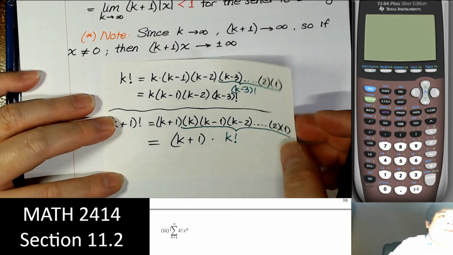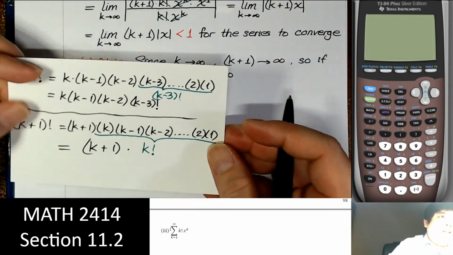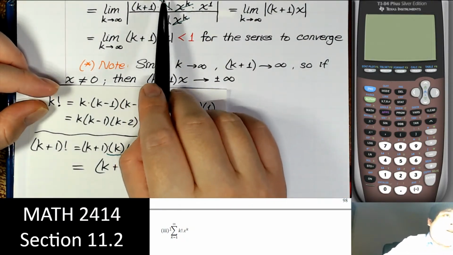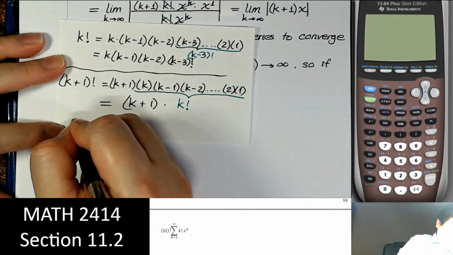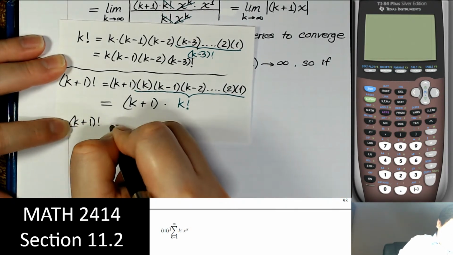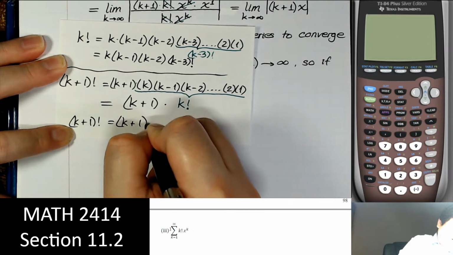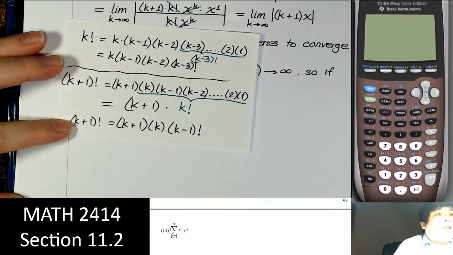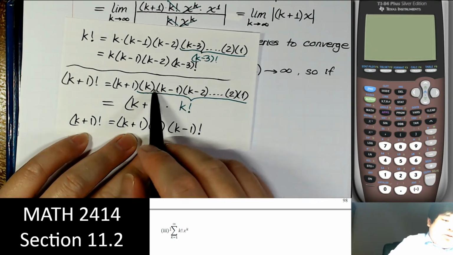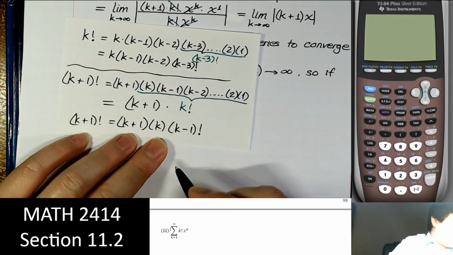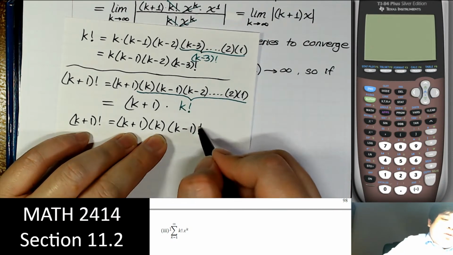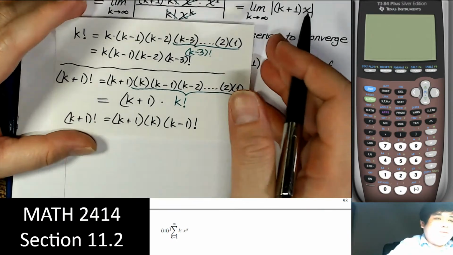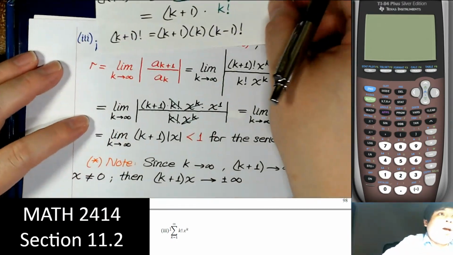If we want to, we can also write k plus 1 factorial as k plus 1 times k minus 1 factorial. The nice thing about factorial is we can stop at any factor we want. Just put the exclamation point there, which means we go from that number all the way back to 1. Right? So that's what we have.